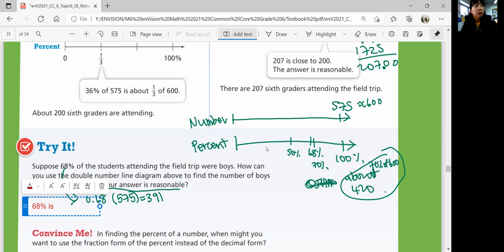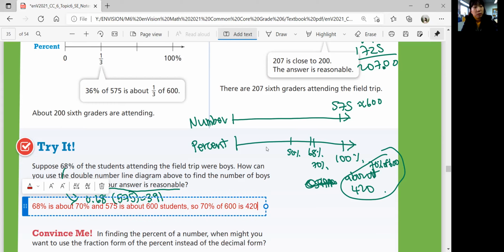68% is about 70%, and 575 is about 600 students. So 70% of 600 is 420.